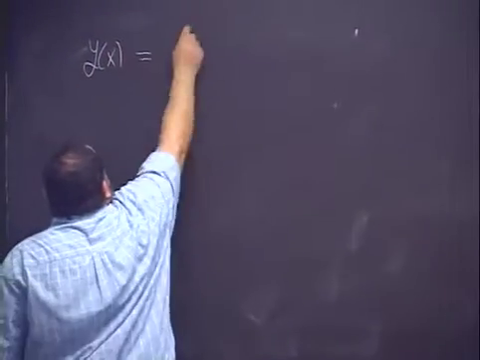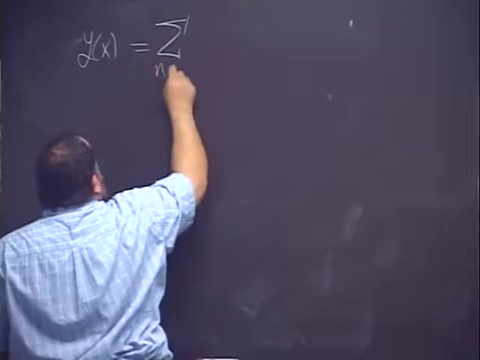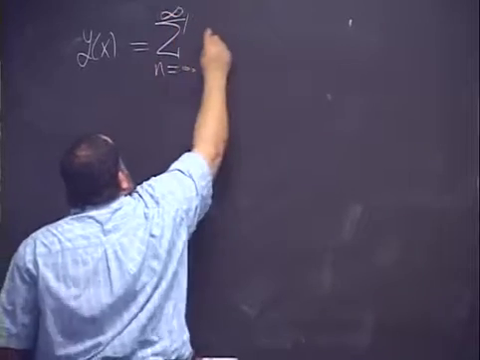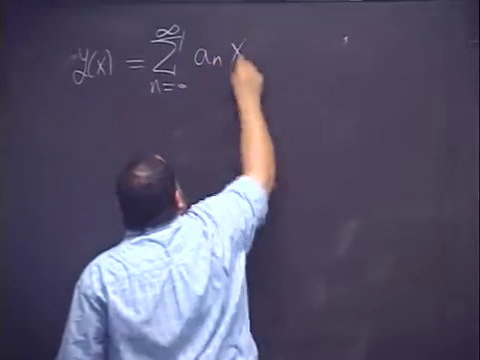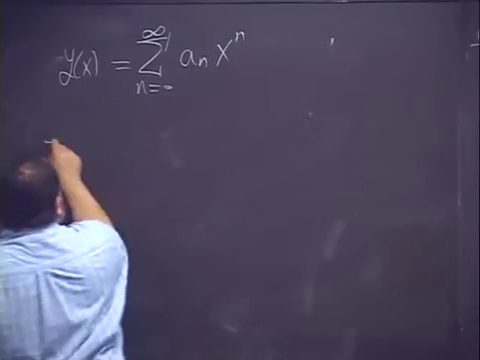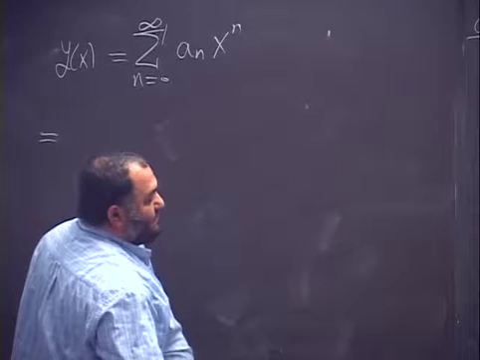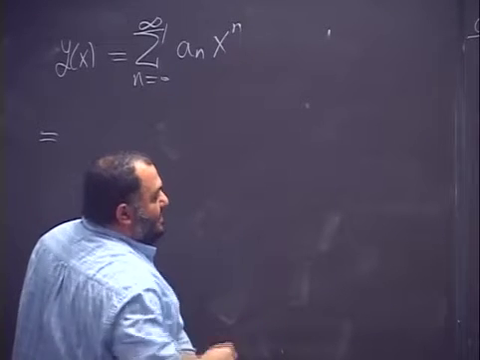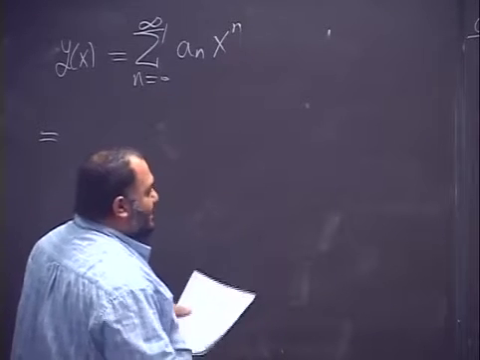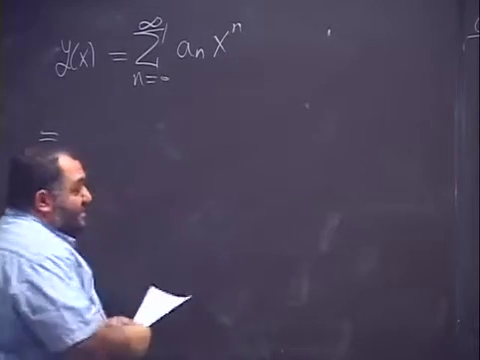Y of x equals the summation n equals 0 to infinity of an multiplied by x to the power of n, and this will give us, okay, let's take the odd or even, let's say take the even numbers. So the even number is what?